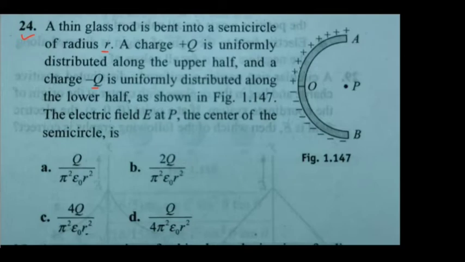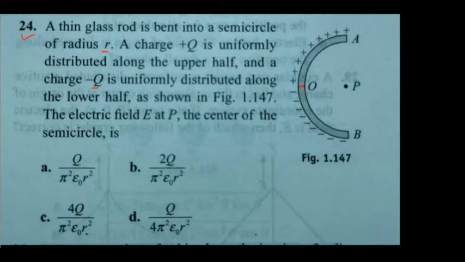So students, look at the diagram here. Let me explain what this question means. It is given that we have a very thin glass rod which is bent in the form of a semicircle. O is the midpoint of the semicircle. So OA is the upper half, OB is the lower half.